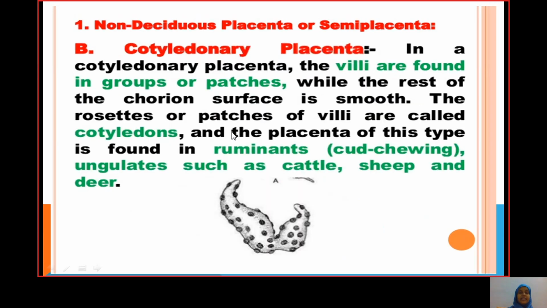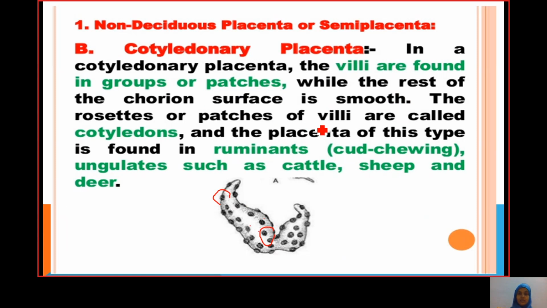Cotyledonary placenta. The chorionic villi have some patch-like structures. See here, patch-like structures, small dot-like structures, or plate-like structures. In a cotyledonary placenta, the villi are found in groups or patches, while the rest of the chorion surface is smooth.